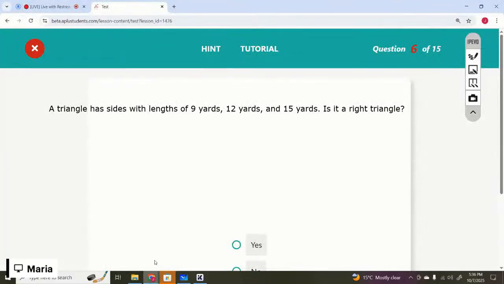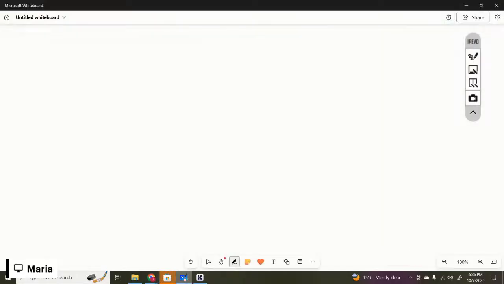So 15 square equals 12 square plus 9 square. 15 square is 225. 12 square is 144 and 9 square is 81.